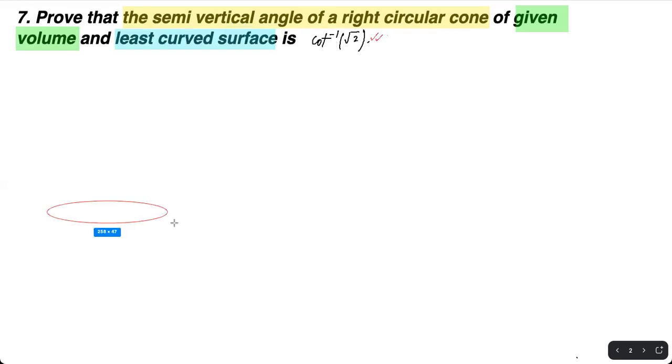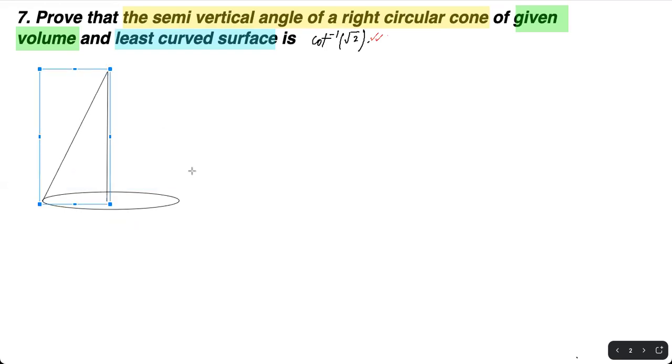अगर एक डायग्राम हम बनाएं, क्योंकि राइट सर्कुलर कोन है, this is radius of the base.